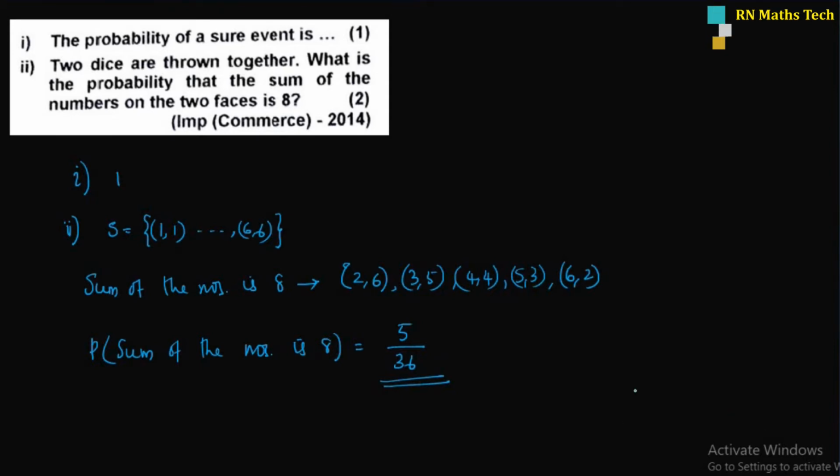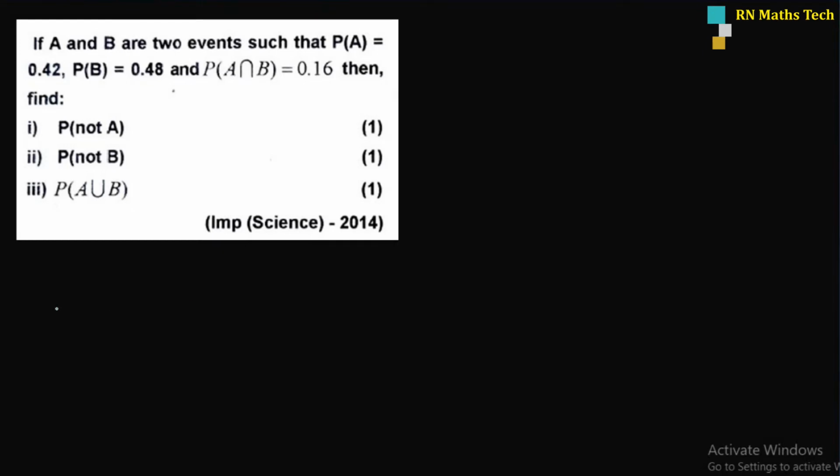Okay. Next one, A and B are two events such that P of A is 0.42, P of B is 0.48, A intersection B is given. Then find P of not A. P of not A is same as P of A dash, that is 1 minus P of A, that is 1 minus 0.42, 0.58.